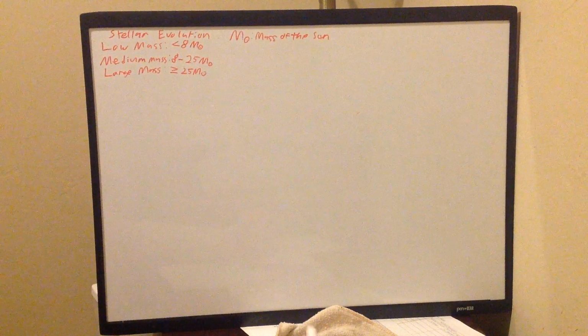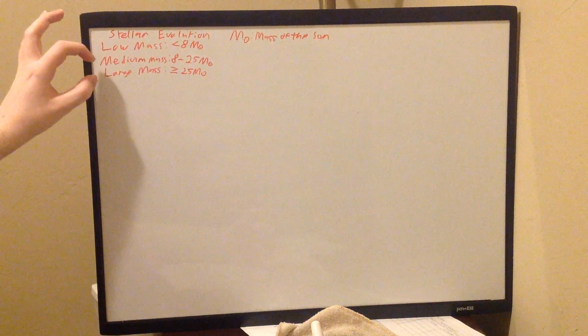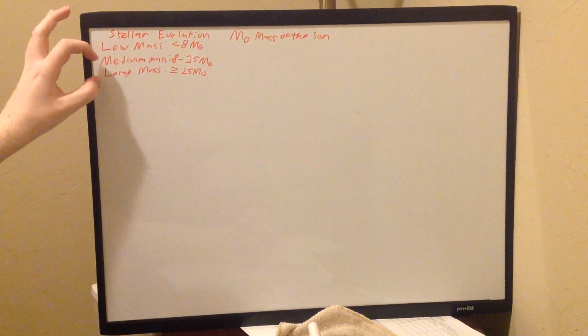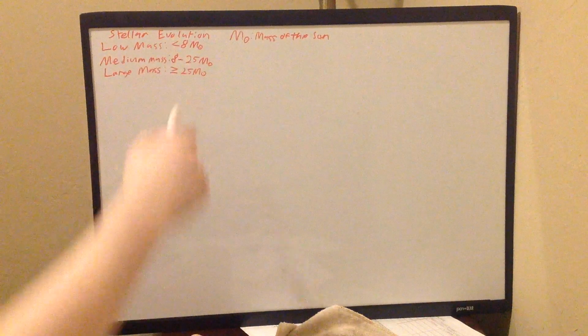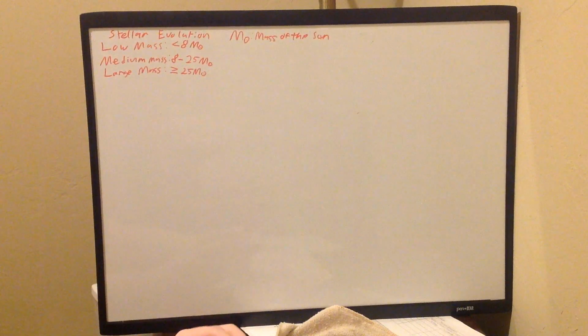So when it talks about large stars, it's talking about both medium and large stars as I describe them. And the reason that I've split them up into these categories is that what happens to stars when they leave the main sequence depends on which of these categories they're in.